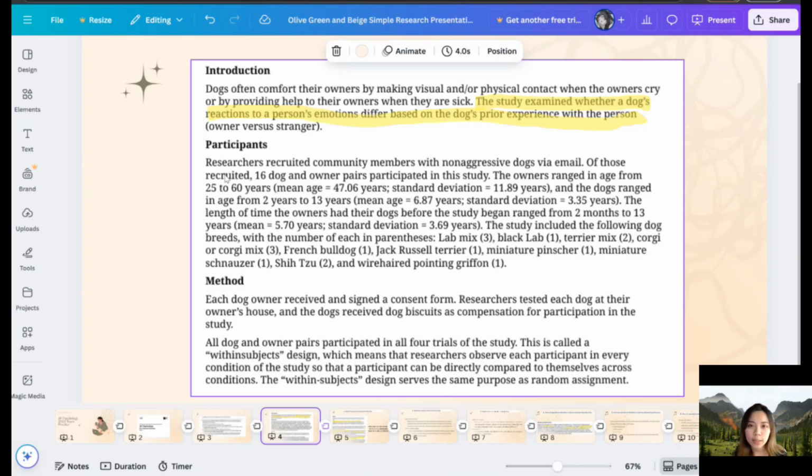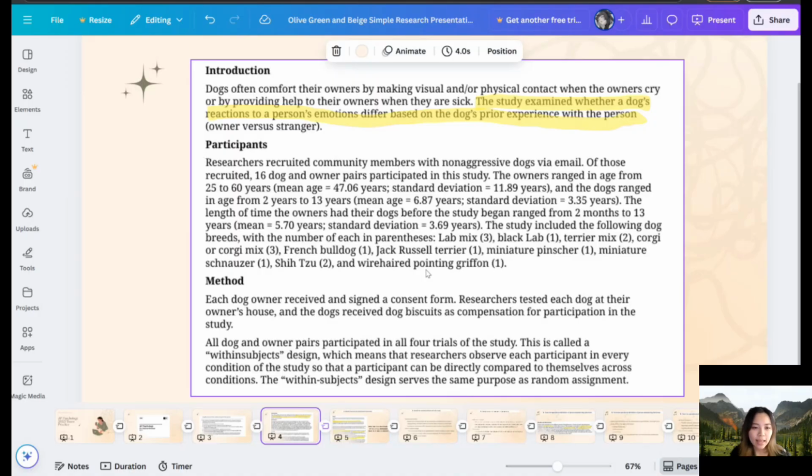Participants, we're going to skip most of it because they just talk about the different breeds of the dogs. The important information in this section is researchers recruited community members with non-aggressive dogs via email. Of those recruited, 16 dogs and owner pairs participated in this study, and we're going to skip all of it.